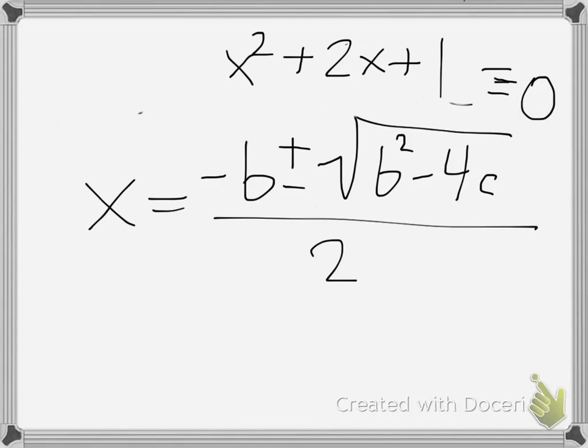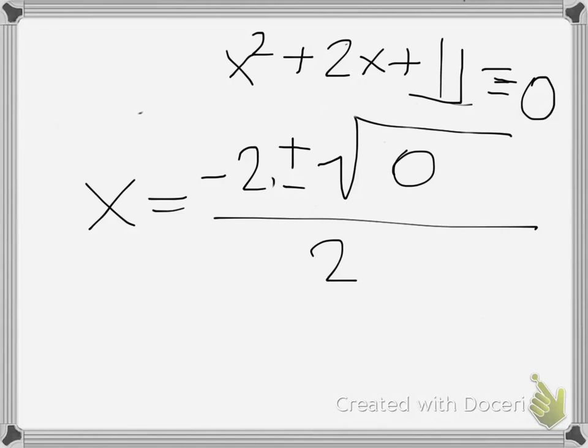And now what's b? b is 2, so let me erase all the b's and write 2. This is 2 squared, so that's 4. And c is 1, so let me erase that and put 1. 4 times 1 is 4, so we delete that.